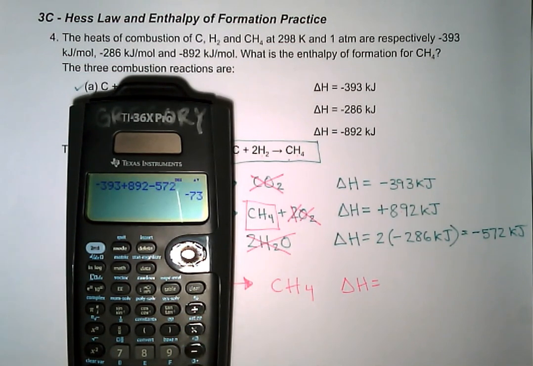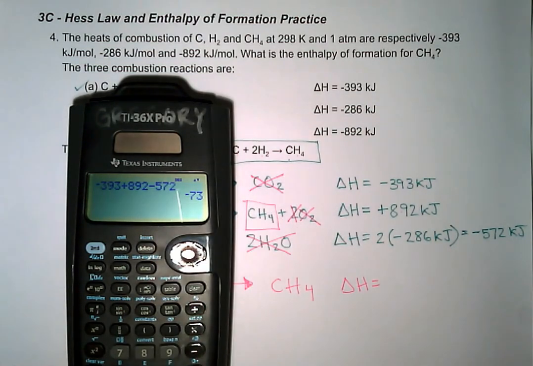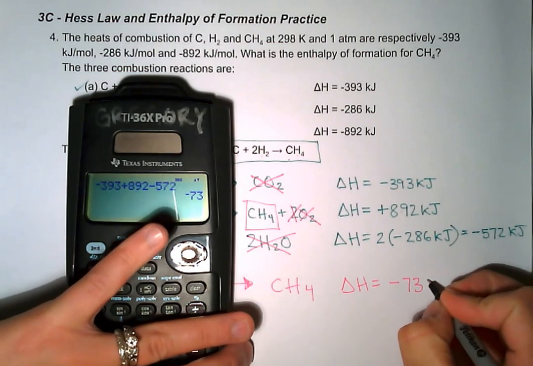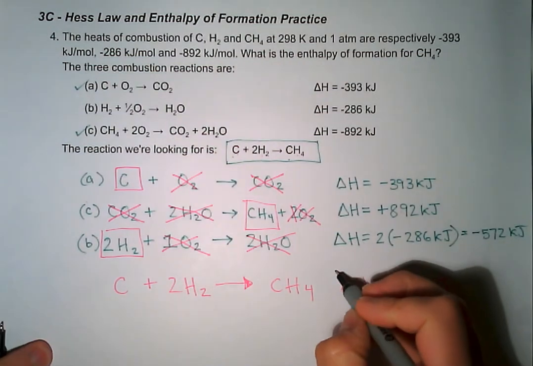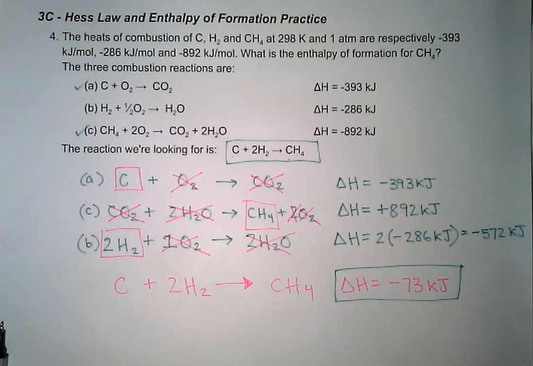And that gives me negative 73 kilojoules. So my delta H for this whole reaction is negative 73 kilojoules. I'll move my calculator. I'm going to box in this answer. And then we are done.